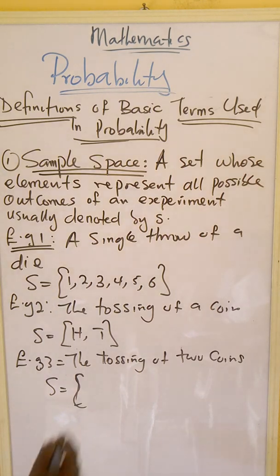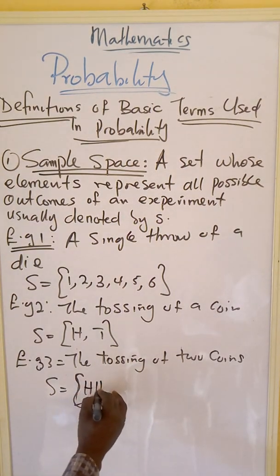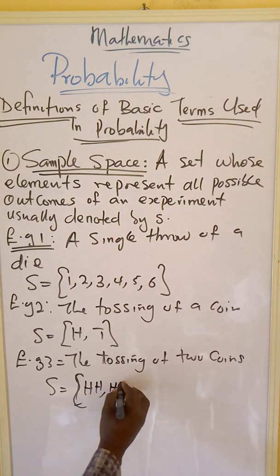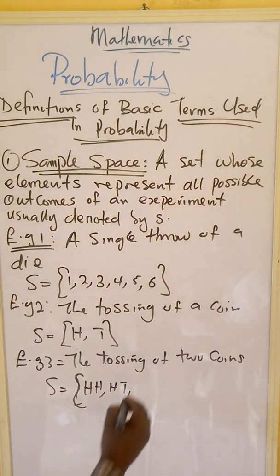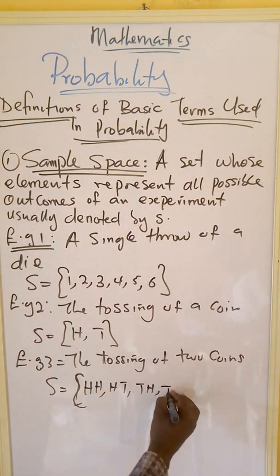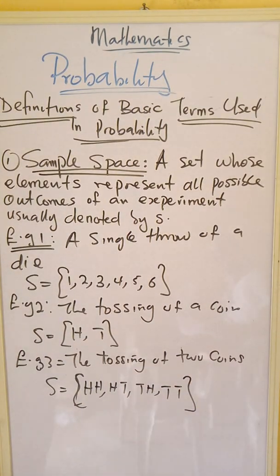So when we throw it up, we assume it gives us head, head. We throw it again, it gives us head, tail. We throw it again, it gives us tail, head. You throw it again, it gives us tail, tail. That's about sample space.